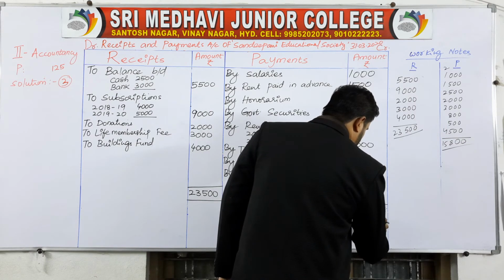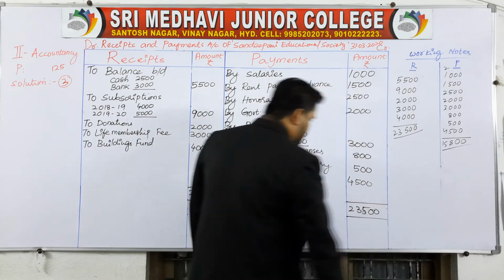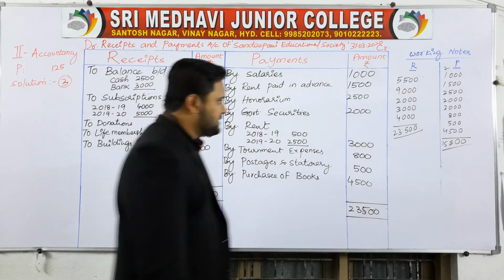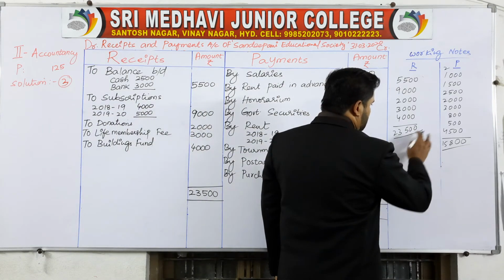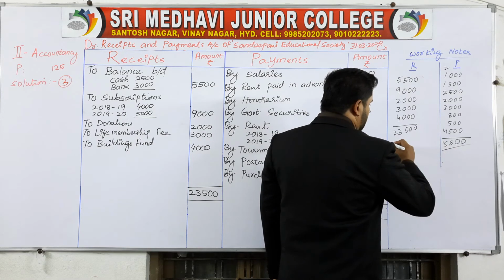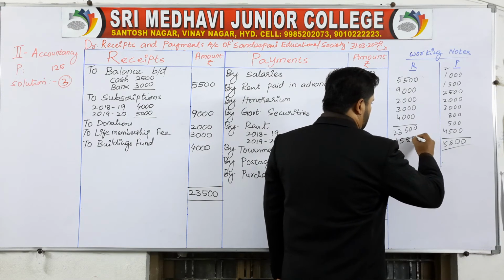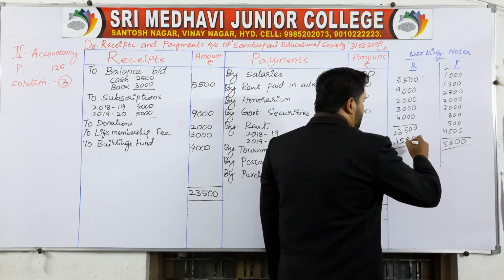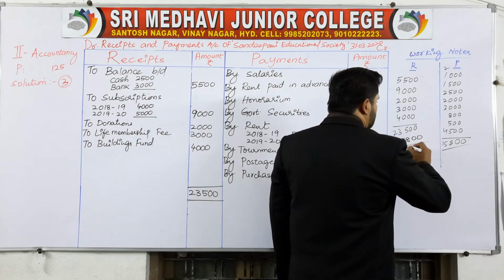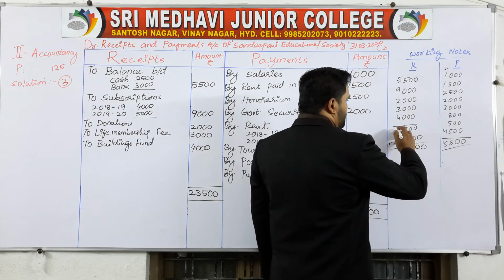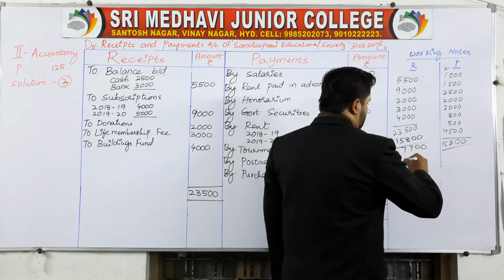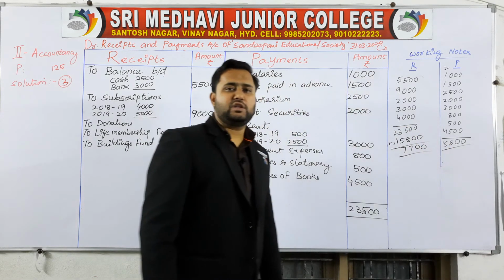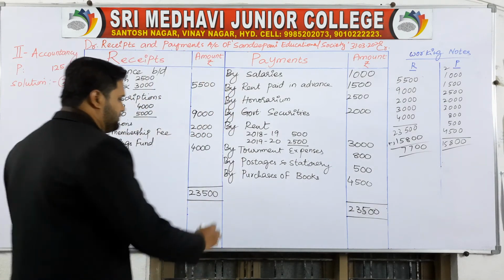Now what is the carried down balance? Subtract 15,800 out of 23,500. 23,500 minus 15,800 gives 7,700.